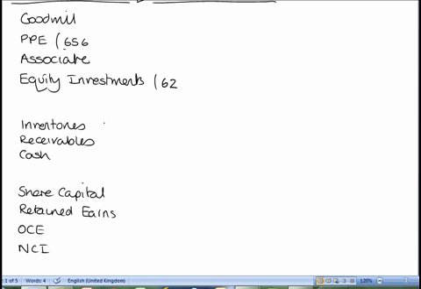For inventories, our draft figures are 263. For receivables, 168.